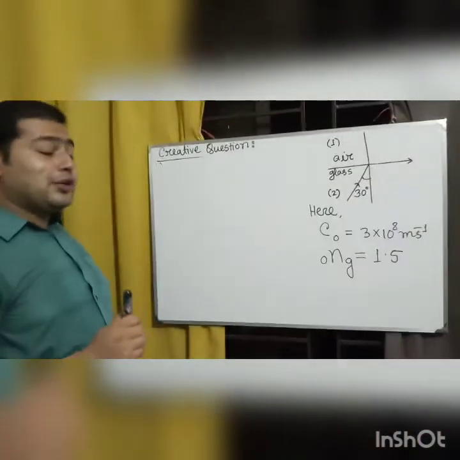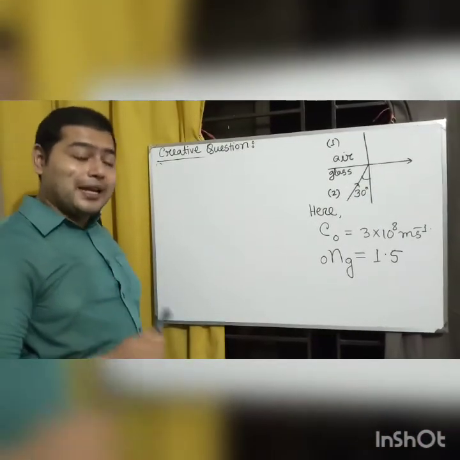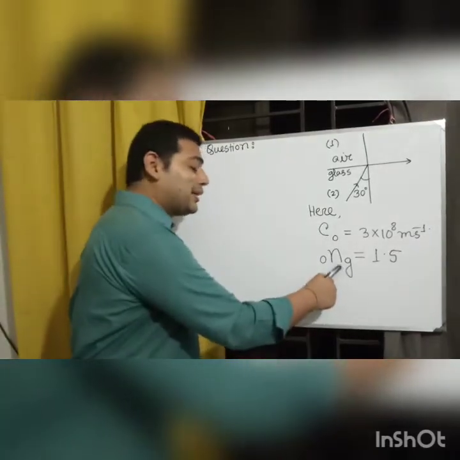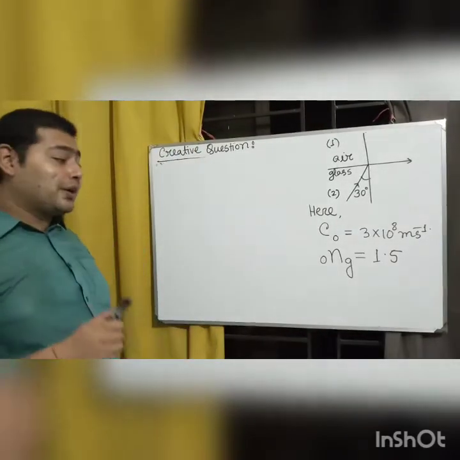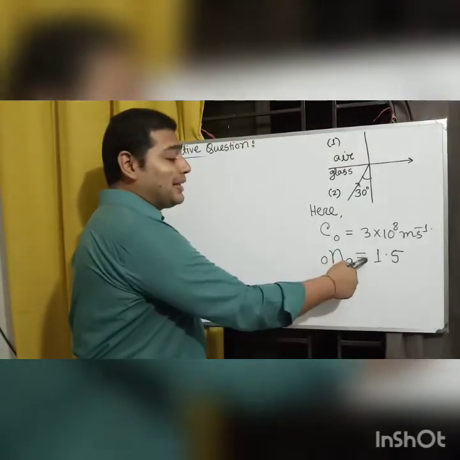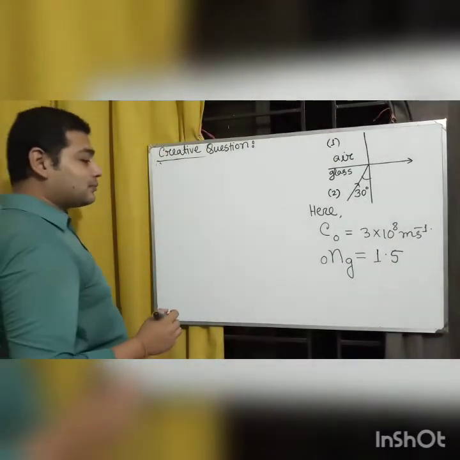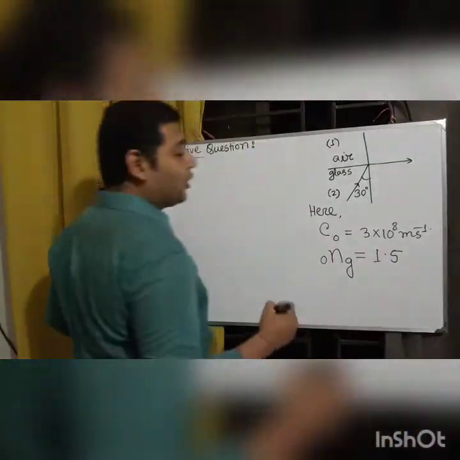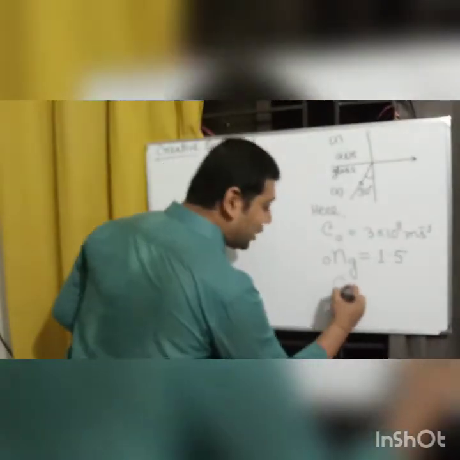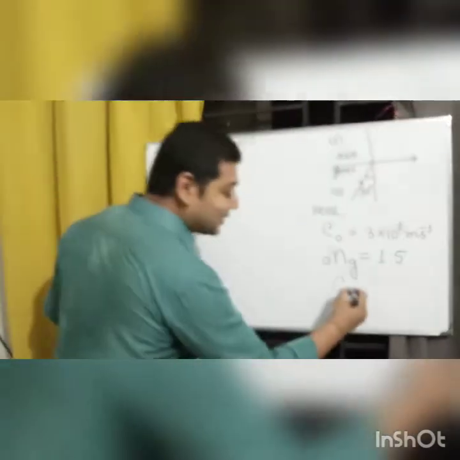Okay, we know that the refractive index of glass medium with comparison with air medium is 1.5. So we need to determine the velocity of light in glass medium.